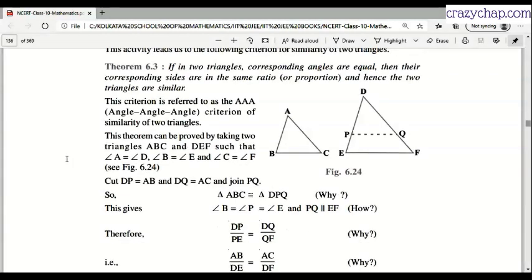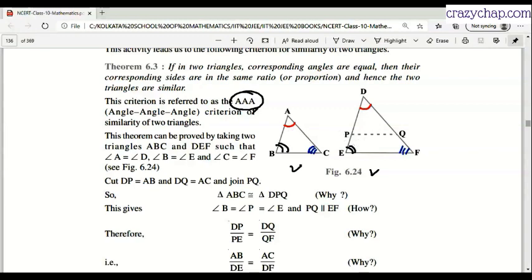AAA. Okay. Let's say in these two triangles, triangle ABC and triangle DEF. I'm just explaining the theorem, not trying to prove it. In triangle ABC and triangle DEF, the AAA similarity says that if angle A and angle D are equal, and if angle B and angle E are equal, and if angle C is equal to angle F, then you can observe that these two triangles have all three angles equal to each other, right?